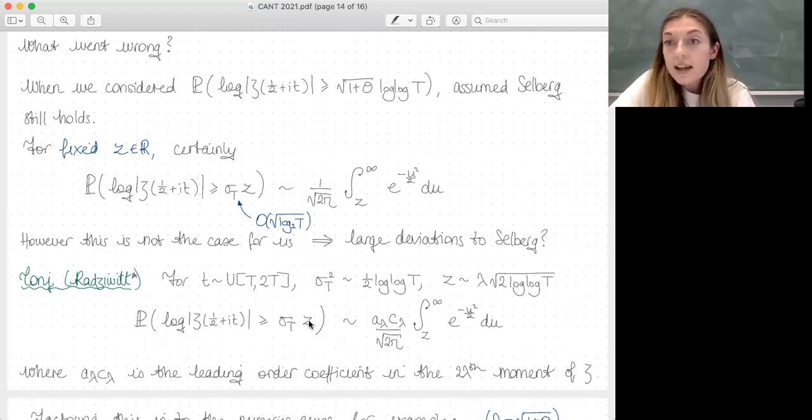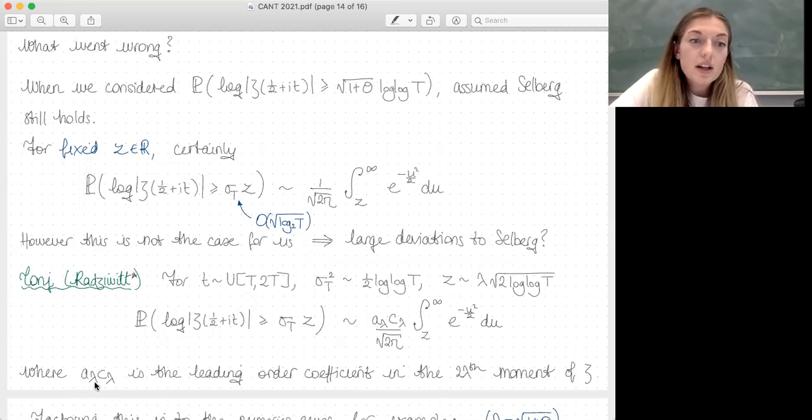And so what do you get at this range? Well, it's sort of Gaussian, but you have a multiplicative factor. And what should this multiplicative factor be under the conjecture? Well, it's the leading order coefficient in the moments, which I introduced quite a few slides ago now. The precise details as to why this should happen are beyond the scope of what I want to talk about, but we can add these into our numerics.